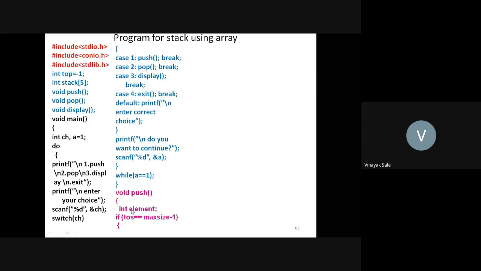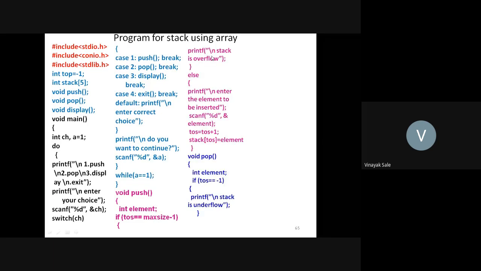So in push, int element, if tos is equal to max size -1, then print stack is overflow, and otherwise enter element to be inserted, scanf %d and element, then stack[tos] is equal to element.